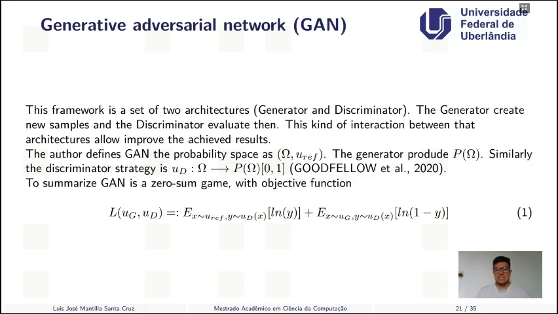Basically, the generator generates elements in that probability space, and the discriminator uses these generated elements to measure them. And finally, we should optimize the objective function, which is in equation 1.